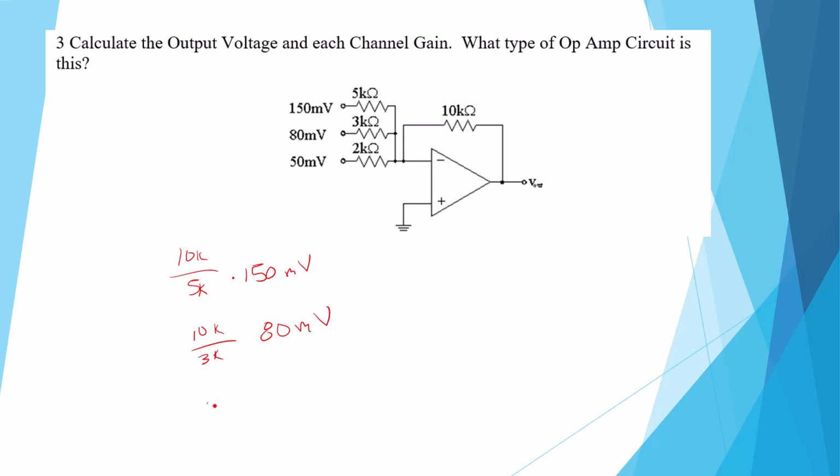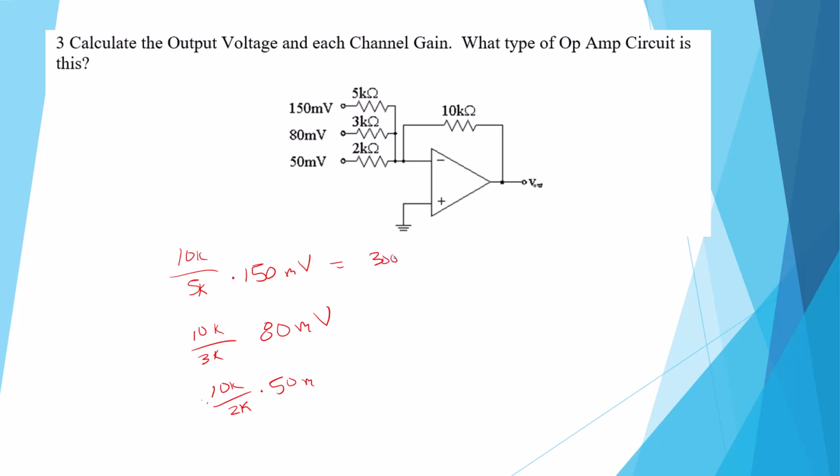So we got 10k over 2k times 50 millivolts.